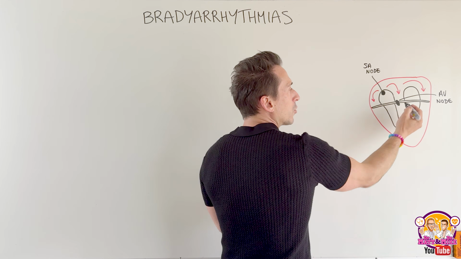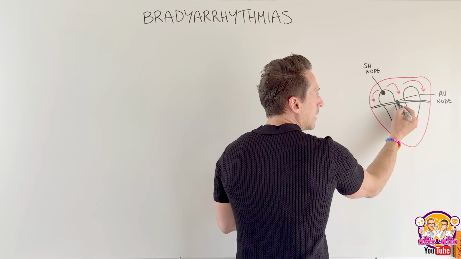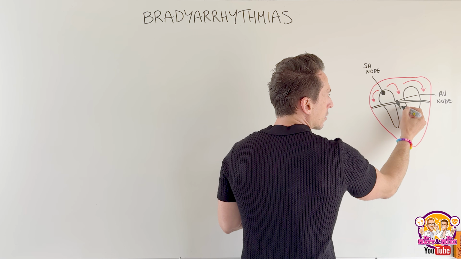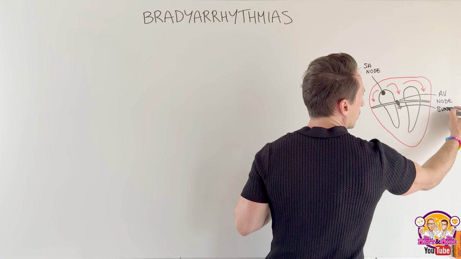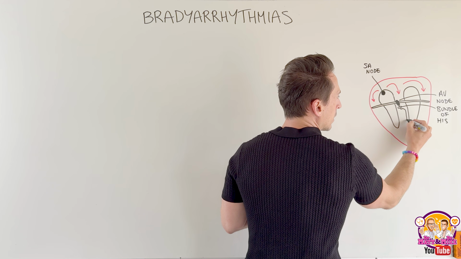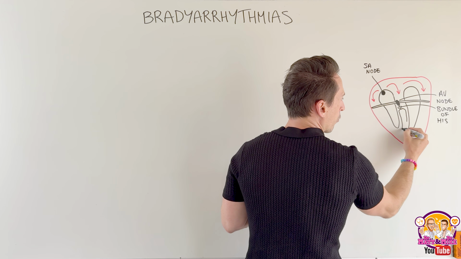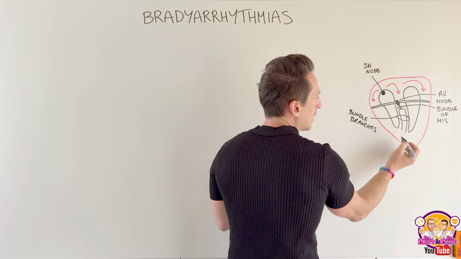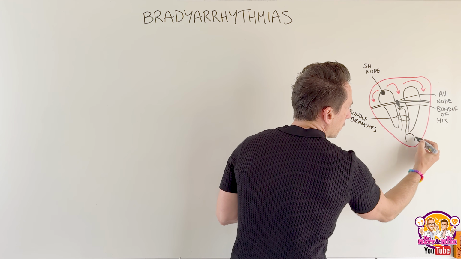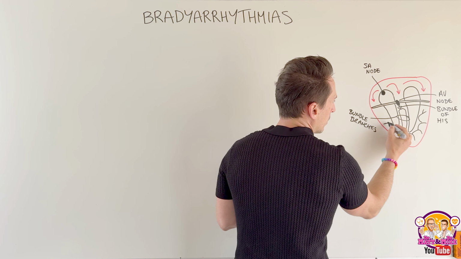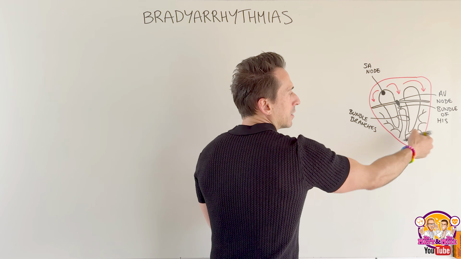Then the AV node will funnel that electrical signal down into the bundle of His, which then splits into left and right bundle branches. And then they fire off into what we term the Purkinje fibers through the majority of the ventricular wall.